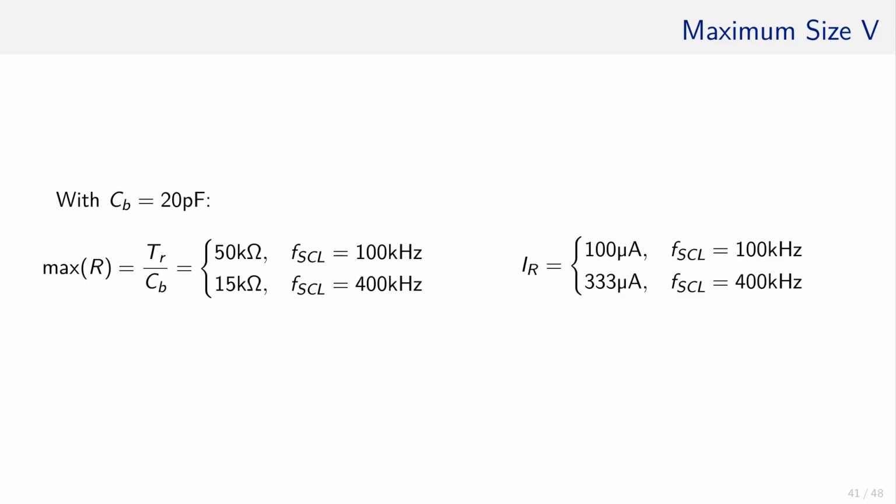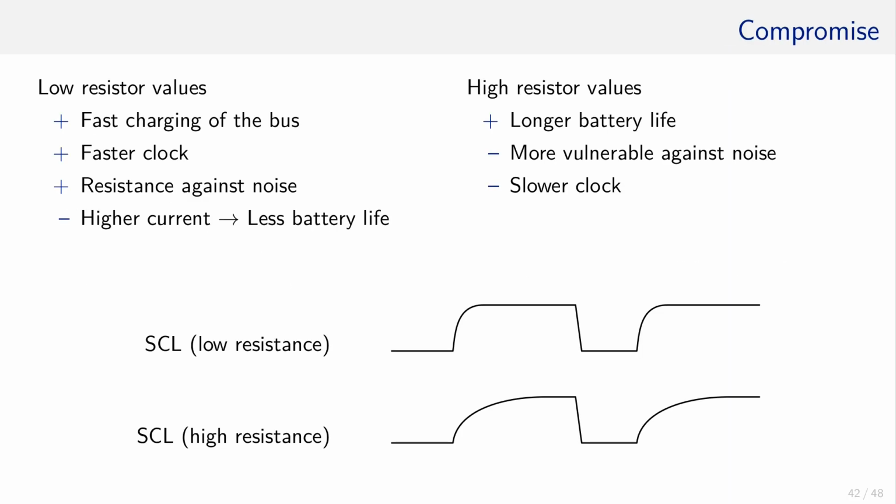What happens if I use 20 picofarad instead of 400 picofarad? The resistor value increases tremendously to 50 and 15 kilo ohm for the 100 and 400 kilohertz bus frequency respectively. The current reduces to 100 or 333 microampere, a much healthier value for the pin to sink. So now a developer can choose between 1.5 kilo ohm and 50 kilo ohm for the 100 kilohertz bus.